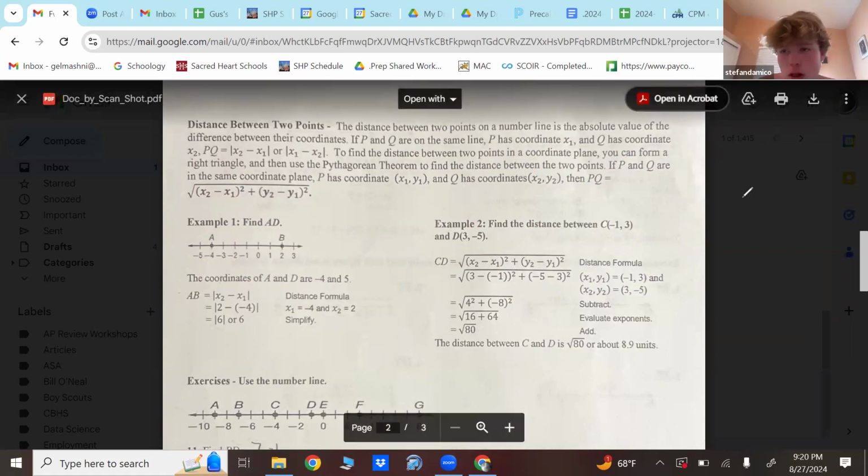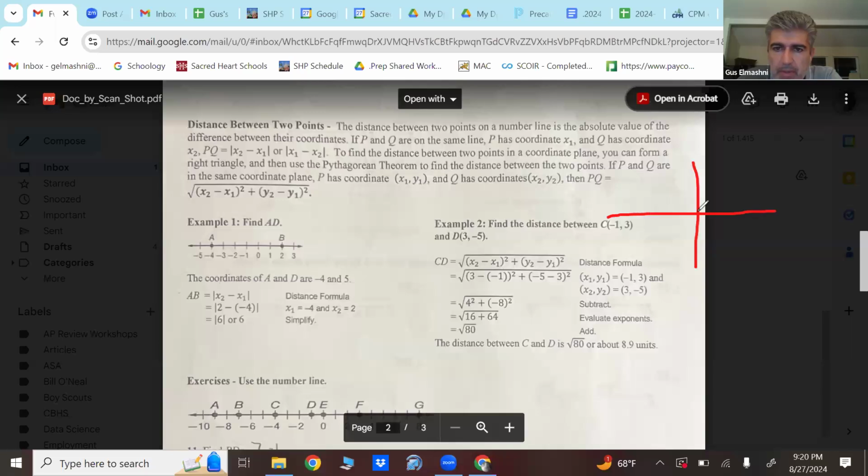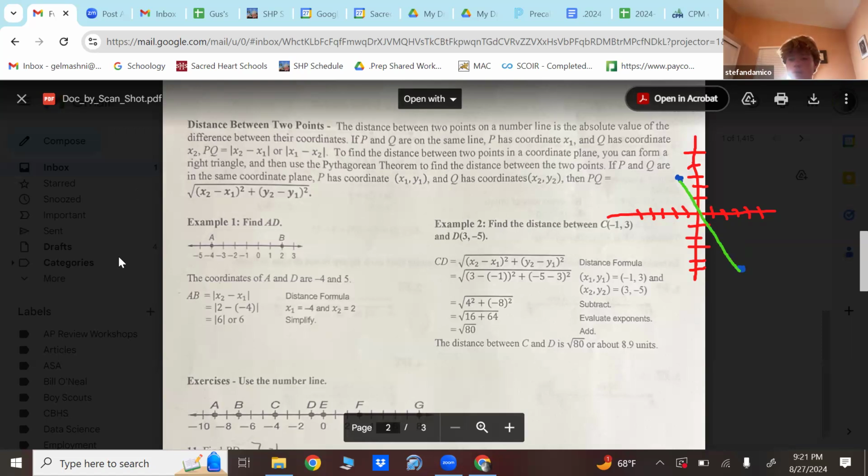If I do a coordinate plane here and a few tick marks, let's do light blue.